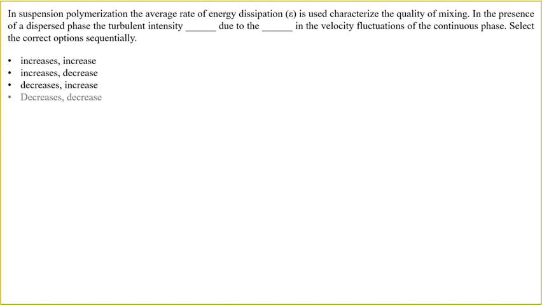So in suspension polymerization, the average rate of energy dissipation is used to characterize the quality of mixing. Now, why do we need to do that? That's because mixing phenomena can control the particle size density. If you are able to control the particle size density through the average rate of energy dissipation, which is used to characterize the quality of mixing, that will be very helpful in maintaining and controlling the molecular weight throughout the polymerization system.